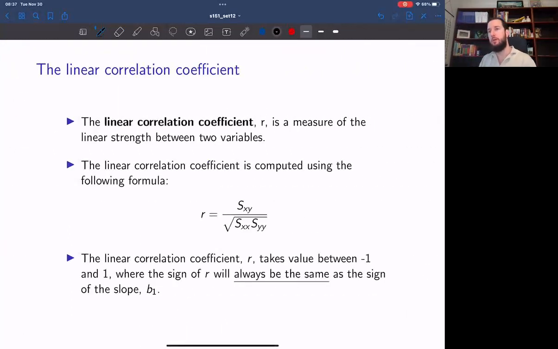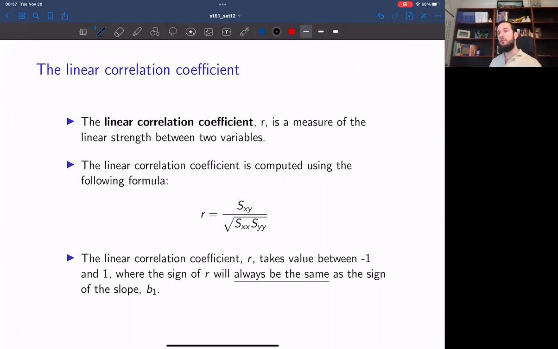Okay, so we have our scatter plot. We have our 2 variables. We determine the relationship appears to be linear. We fitted the regression line. How do we know if that regression line is actually a good fit? So how do we know that the line that we're using will give reasonable results?